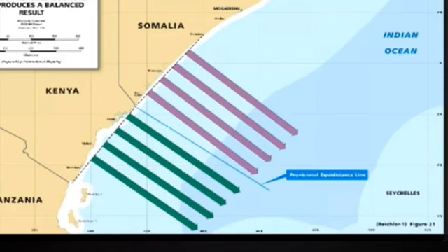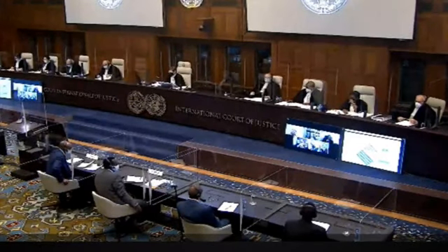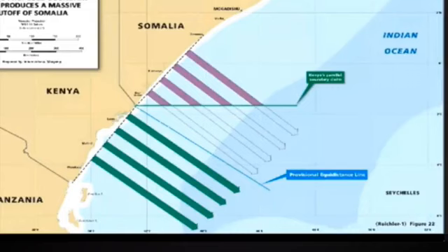The coasts of the parties project to the southeast. As you can see here, the equidistance line permits the coast of both parties to project in that direction without being cut off to the full extent of their 200-mile entitlements and beyond into the extended continental shelf. Kenya is not cut off by an equidistance boundary with Somalia.